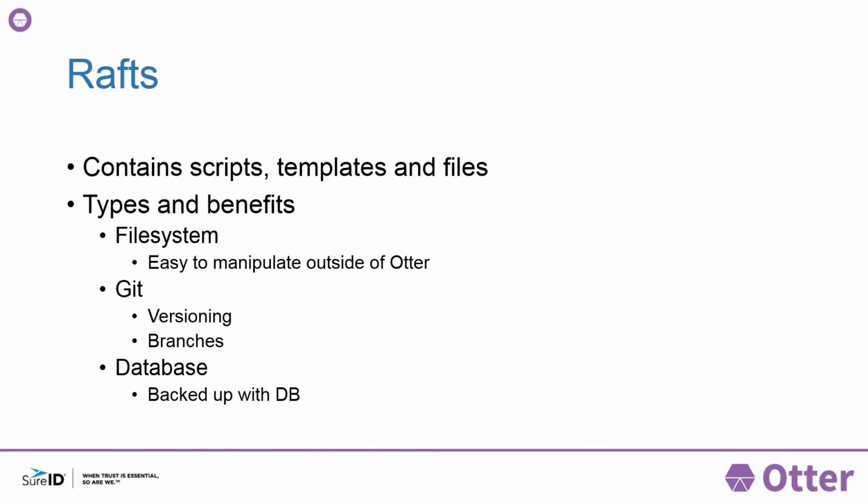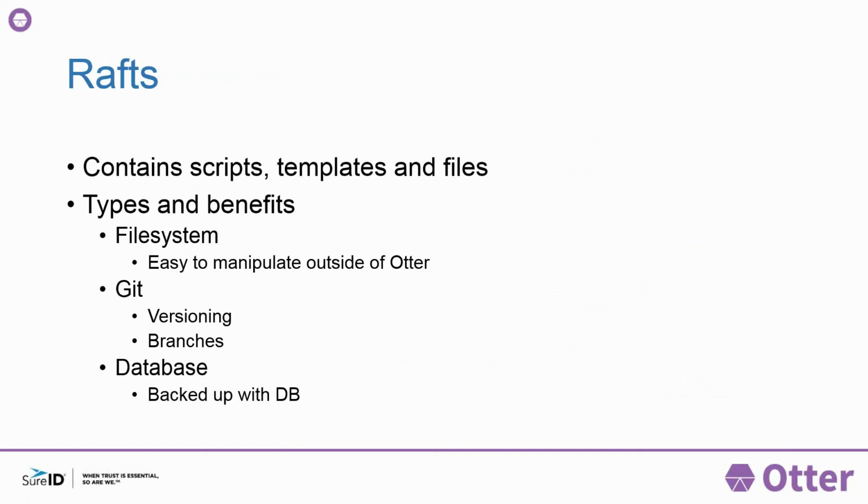There's also a file system Raft, which is more basic. You're not going to get revision control just like the database one, but it's easy to manipulate outside of Otter. It's just a location on the file system. And then finally, you have Git Rafts, which are excellent because they provide a version history for your assets, and you can do things like branch, standard Git operations.